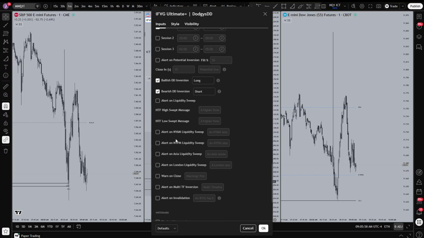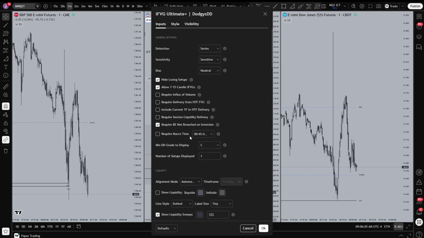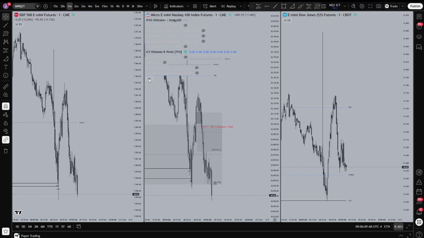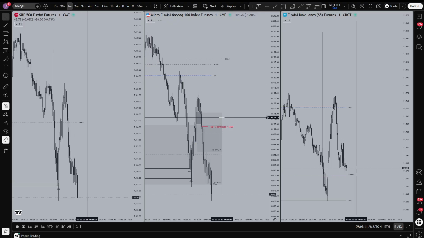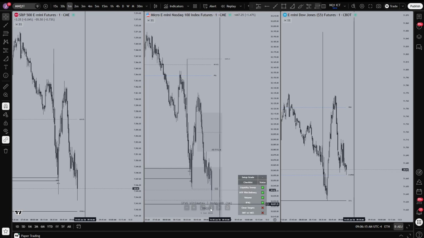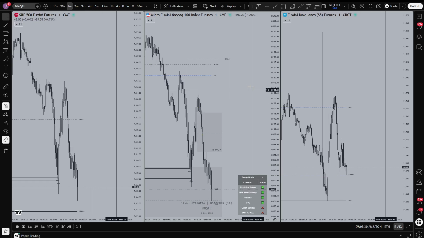It has alerts for you, the strategy checklist off to the right. I turn off the watermark, but this is Dodgy's indicator. Now if we go back here, we can see that this trade fully delivered down to the lows. Once it stops loading, you can see there's a checklist right here, and here's the watermark as well.